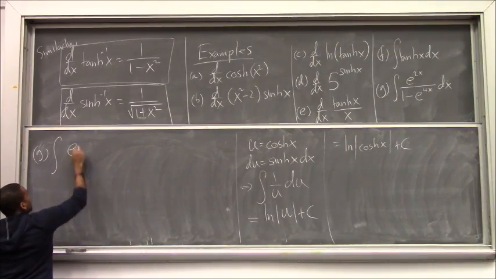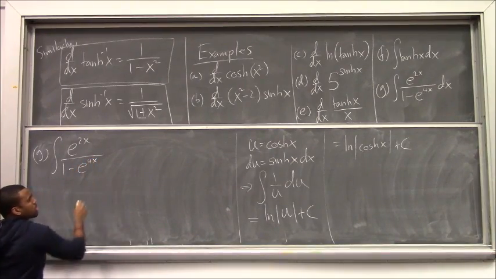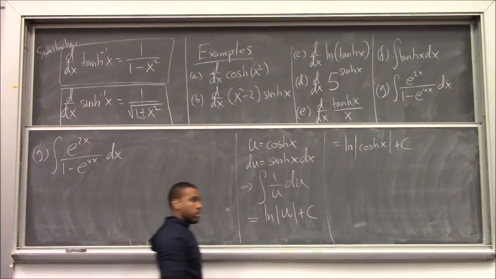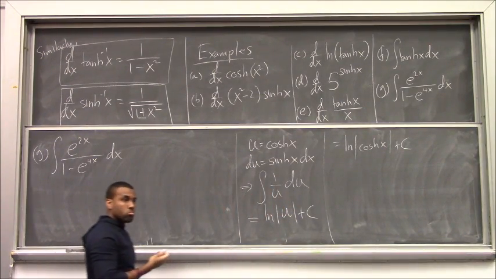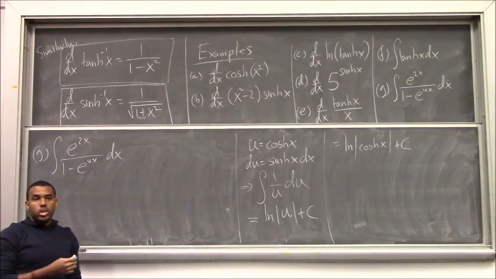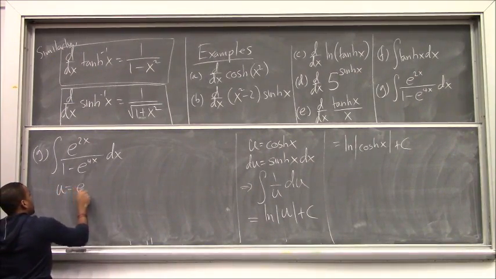Can you figure out this one? e to the 2x over 1 minus e to the 4x. Let u equal e to the 2x.